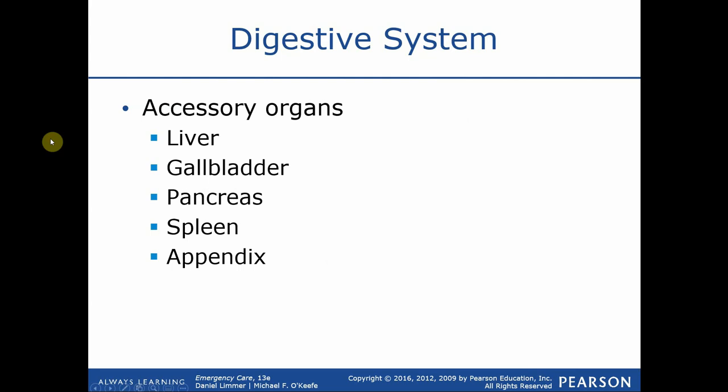Along with the digestive system, we have accessory organs that aid in those processes. So looking at, for instance, the gallbladder, right? Gallbladder produces the bile that is necessary to break down a lot of the fats. The gallbladder produces the bile and transfers it through little ducts into the stomach, and that bile begins to break down the fats.